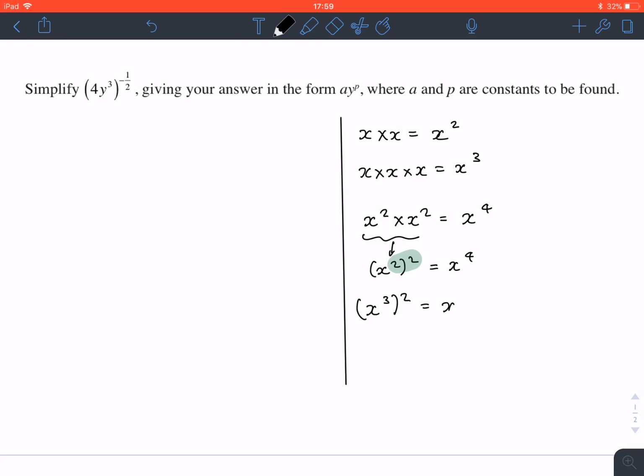Maybe let's do it a bit pedantically and long: x cubed times x cubed. We can add the powers together, so it's x to the 6. What we've done essentially is multiply the number on the outside with the number on the inside. That's what we need to remember for these kinds of rules today.